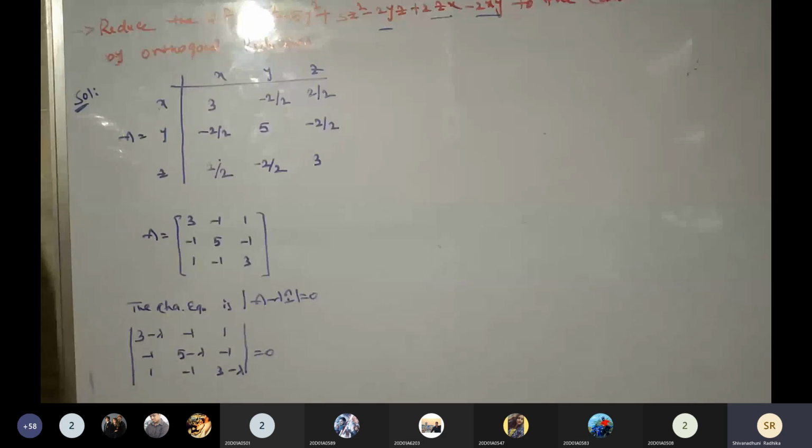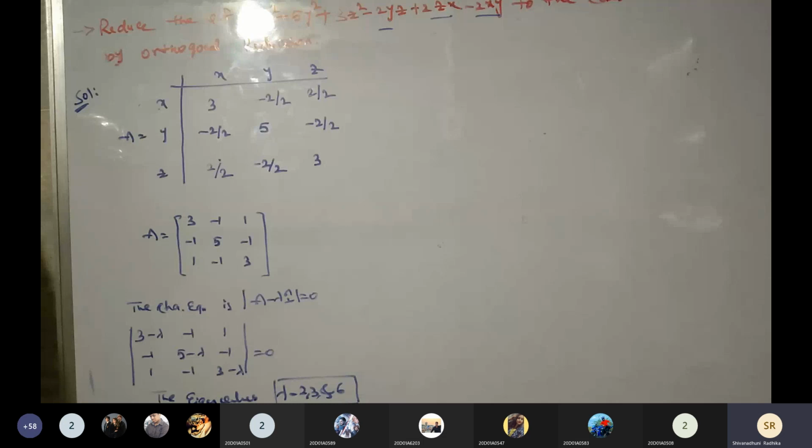Please do the simplification, ma'am. This is a very lengthy problem, so I am skipping the total solving procedure. Directly I am going to write the eigenvalues: lambda equals 2, 3 and 6. Already we did this problem in the previous method, diagonalization. The eigenvalues are 2, 3, 6. Step 1 and step 2 are completed.